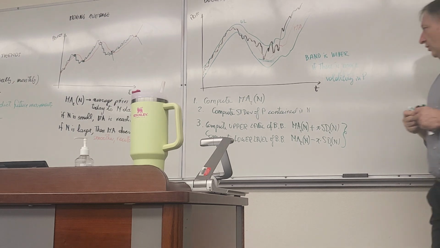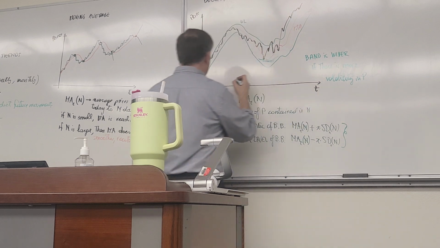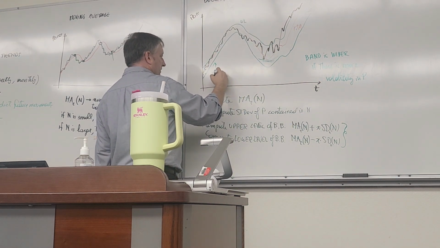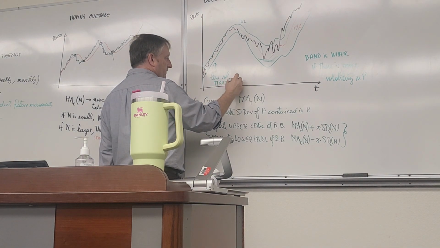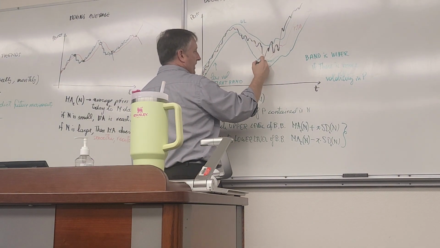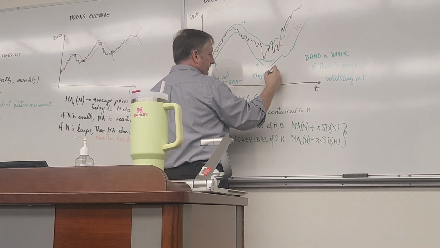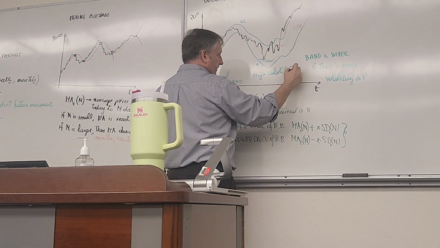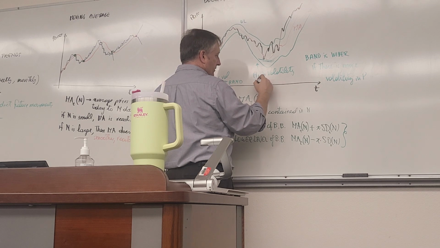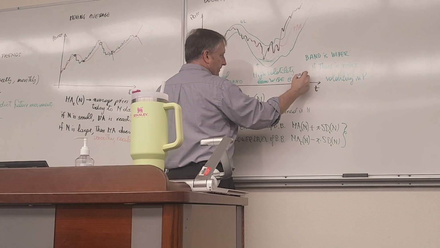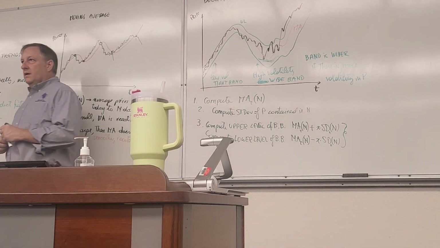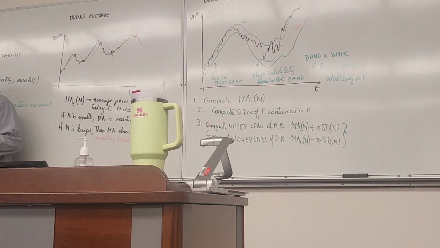Okay, so low volatility, you have a tight band, and high volatility, you have a large or a wide band. Questions?